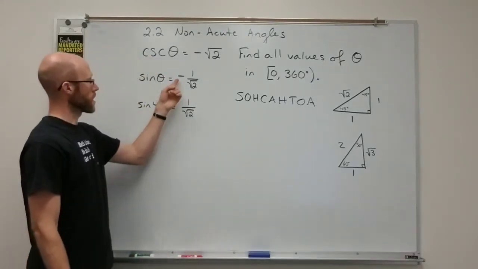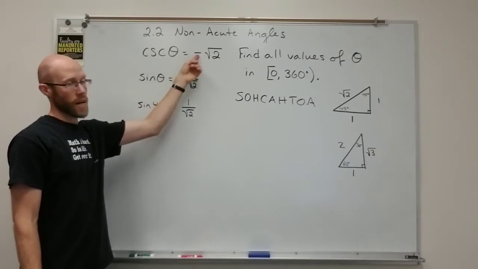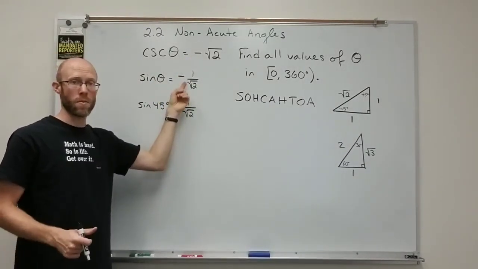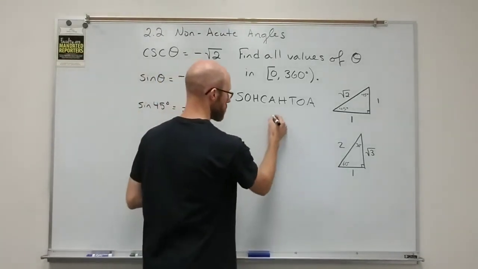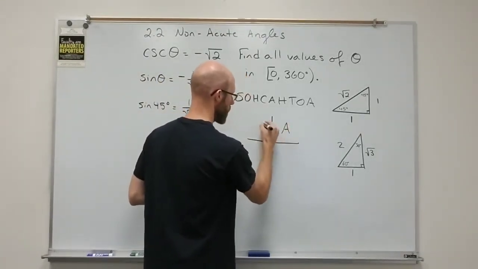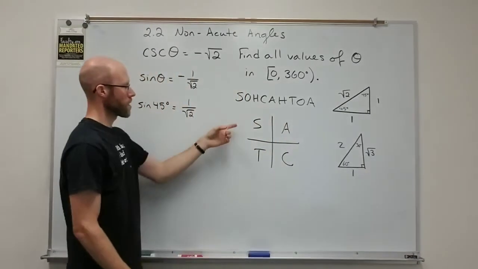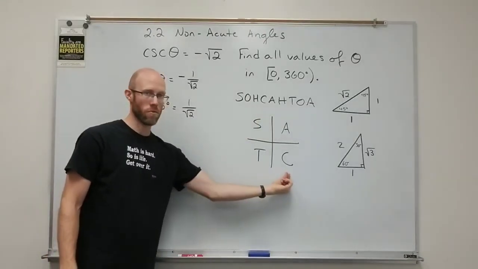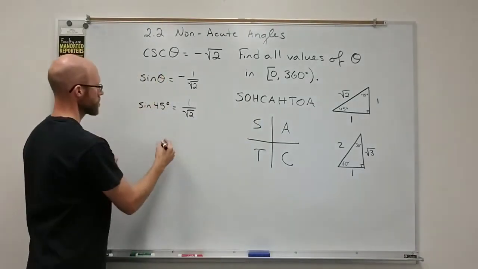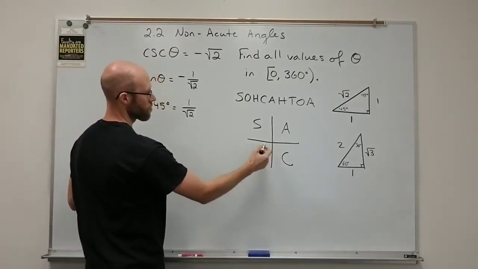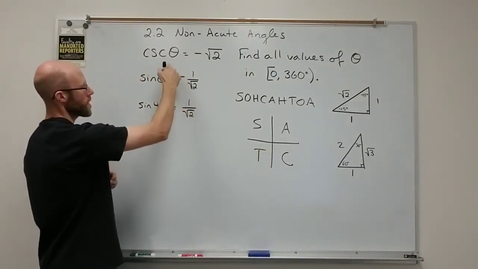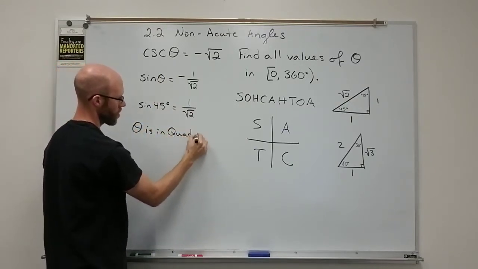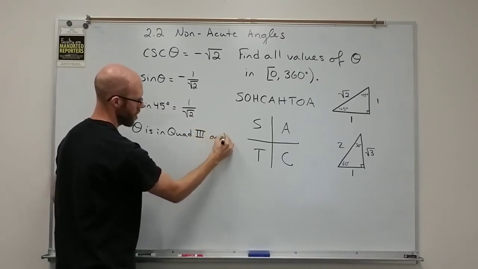The other thing to keep in mind is that the cosecant is negative in the same quadrants that the sine is negative because they're reciprocals. And the sine is negative, if you remember our diagram, ASTC, sine is positive in the second quadrant and in the first, but it's negative in the third and fourth, okay? So sine is negative in the third and fourth, which means theta is in quadrants 3 and 4.